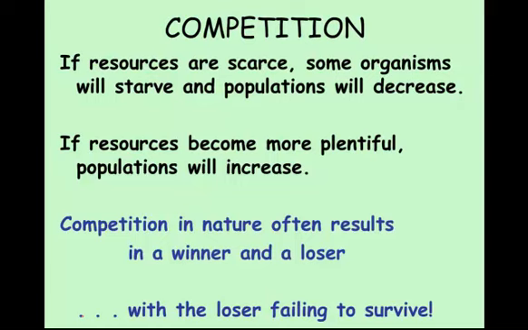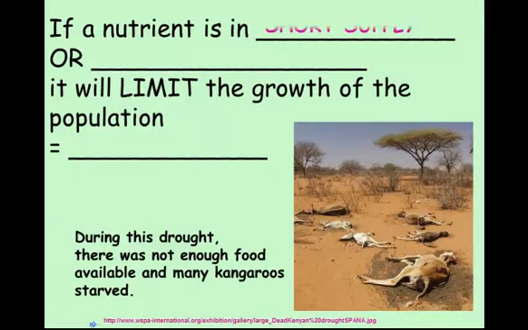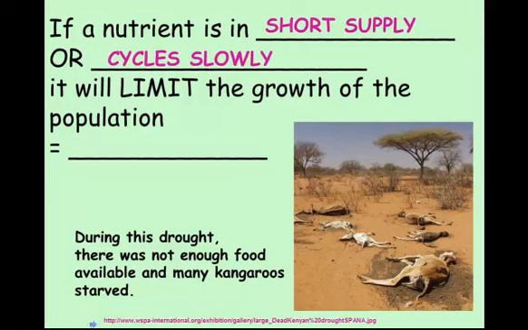So if we look at that idea of not everybody gets what they need, there's a vocab word for that. If a nutrient is in short supply, there's not enough to go around for everybody. Or if it cycles very slowly, we're going to talk about cycles later on in the chapter, but nutrients cycle through the ecosystem, and the food chains pass those nutrients along, and along the food chain, sometimes those nutrients get passed back into the ecosystem.